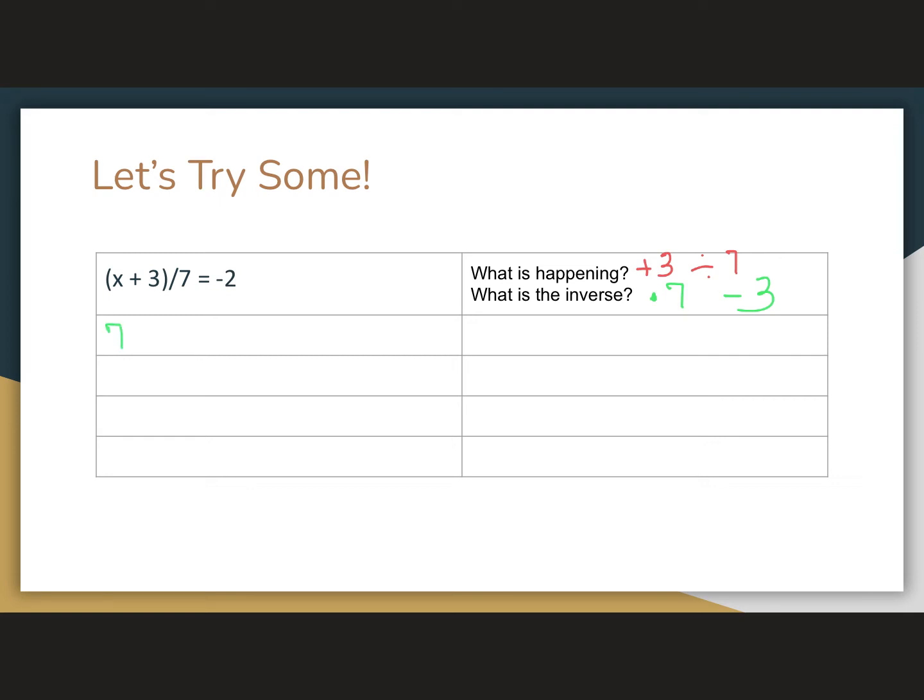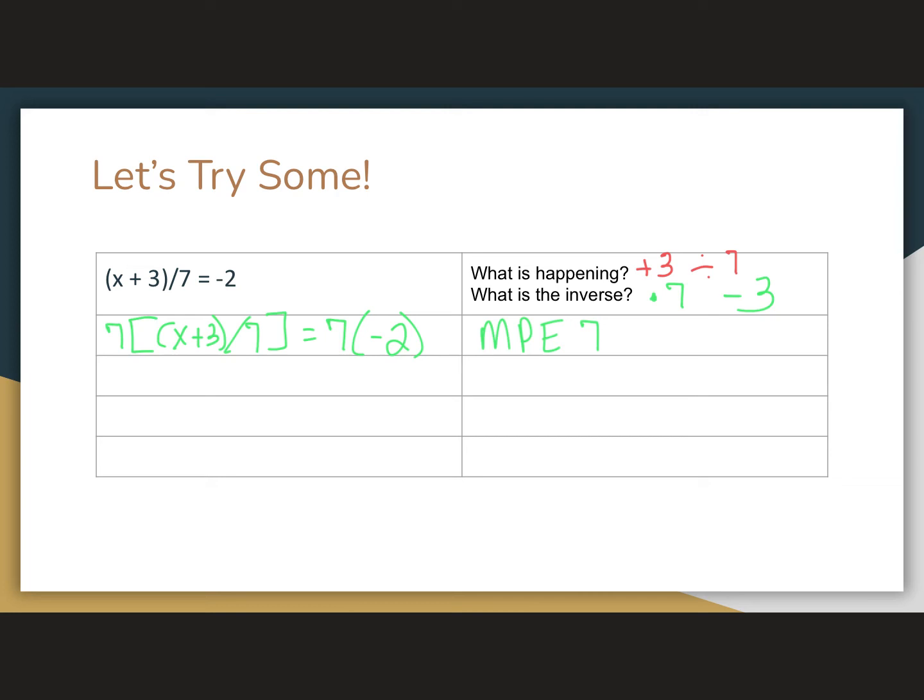So I have 7 times x plus 3 divided by 7 equals 7 times negative 2. And this is my multiplication property of equality. I multiplied by 7.